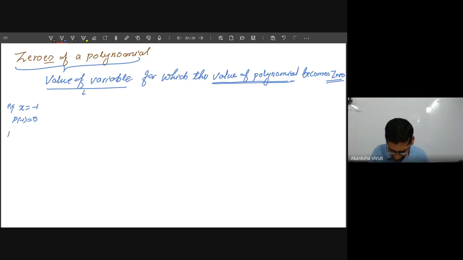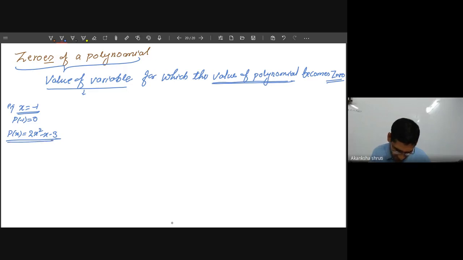At this time our polynomial was 2x squared minus x minus 3, the last example we had taken. So in this specific case only, for x equals minus 1, that minus 1 is called a zero of this polynomial.